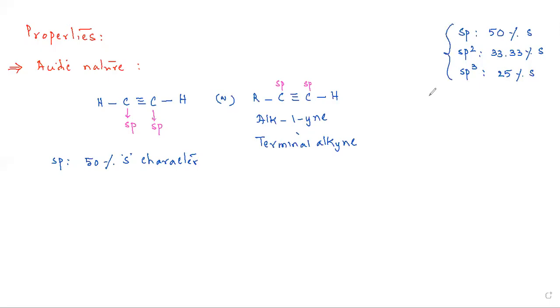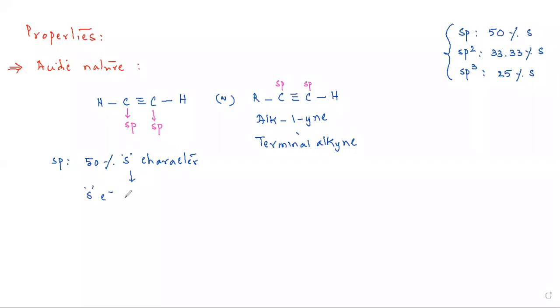Now if a bond has more s character, I mean as s electrons are much closer to the nucleus, it will have more electronegativity. 50% s character.